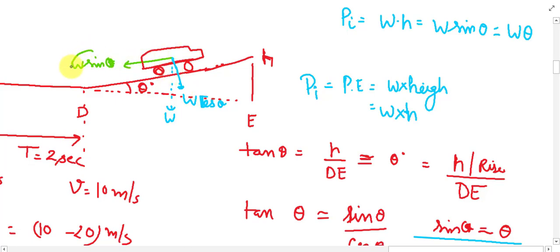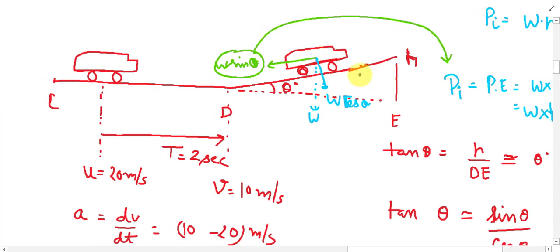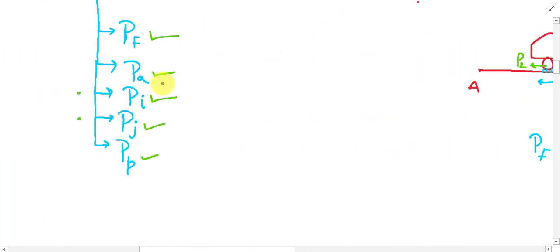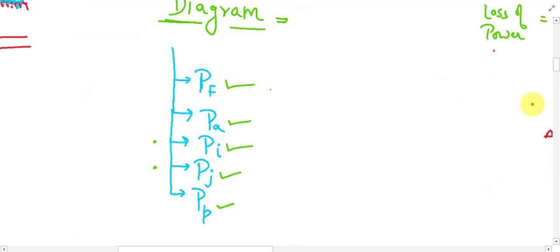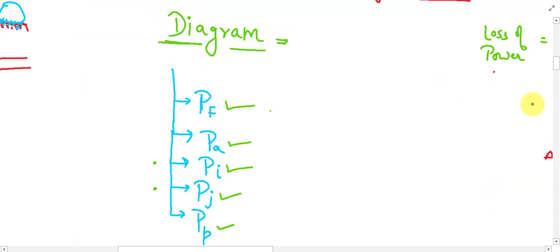This extra weight needs some extra power to push up this vehicle on a higher gradient. This extra power is termed gradient resistance. So this is all about the diagram of all the resistance which is offered during the motion of the vehicle. So we complete the diagram of all the resistances.